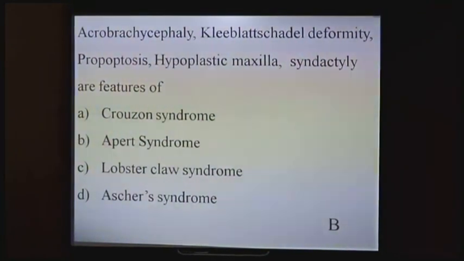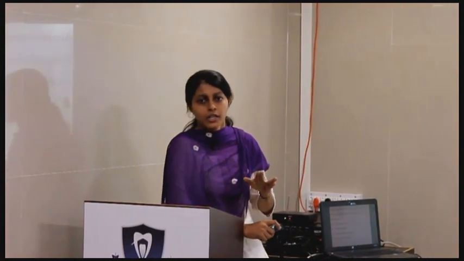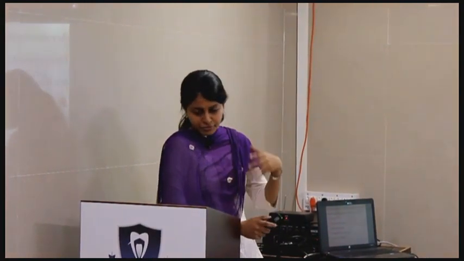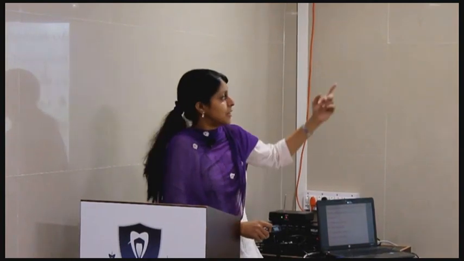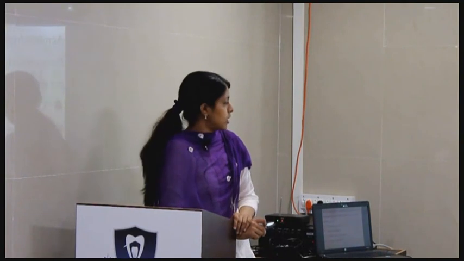What is Clausen syndrome? Without syndactyly. Lobster claw syndrome. The patients will have missing digits and the remaining digits will be fused together. Okay. And patients will have hypoplastic maxilla again, but they will not have acrobrachycephaly and Kleeblattschädel deformity. Ascher syndrome, double lip.